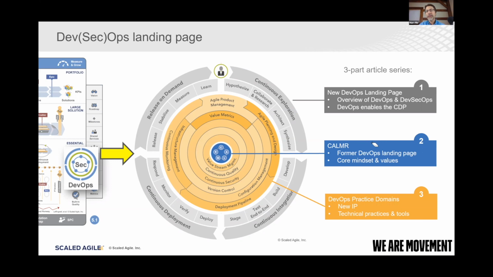And the third article is where we start to introduce a lot of this new intellectual property, this new thinking around practice domains. How do we even begin to think about these technical practices, and how do we begin to organize them in a way that makes sense? So this is where we're starting to delve into new practices, new insights, new guidance, technical practices and tools.